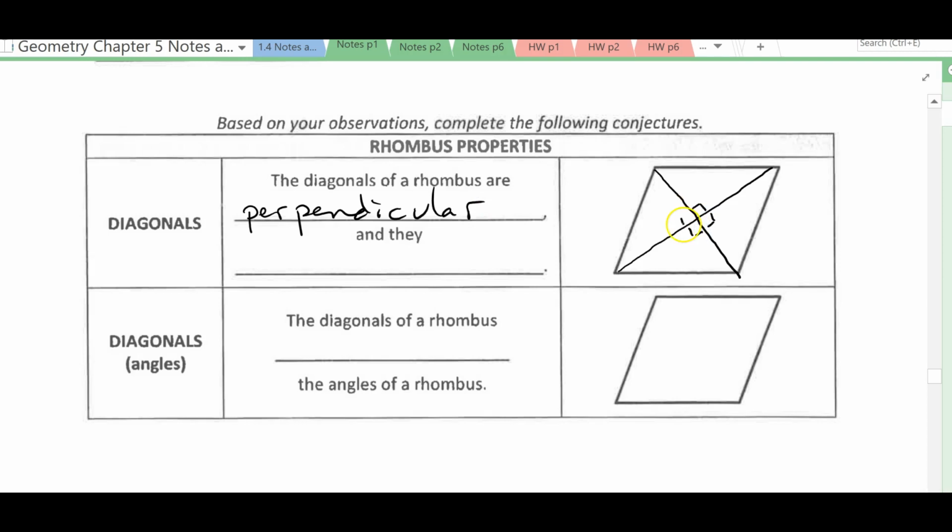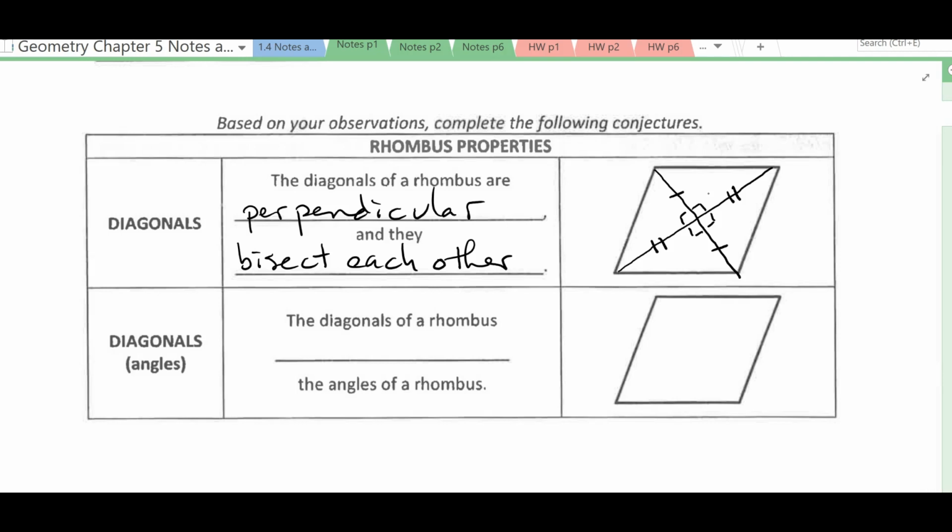Typically we only mark one because if one of them is a right angle, they all are. And they bisect each other. Okay, so these two pieces are going to be congruent and these two pieces are congruent, although all 4 pieces are not congruent to each other, which they will be in a different special parallelogram.